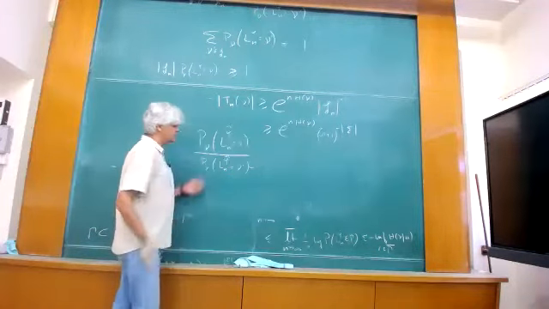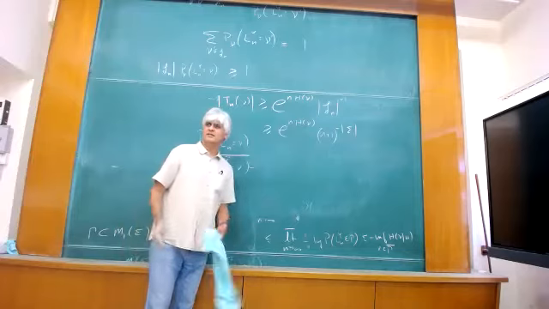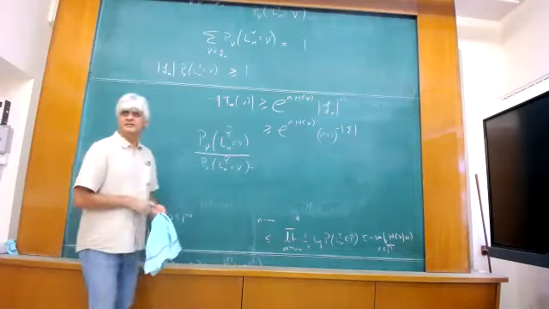And essentially, you observe that here are just multinomial probabilities, right? So you can just expand this and then simplify.